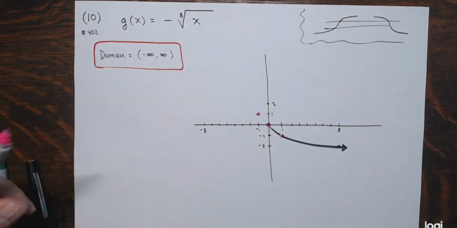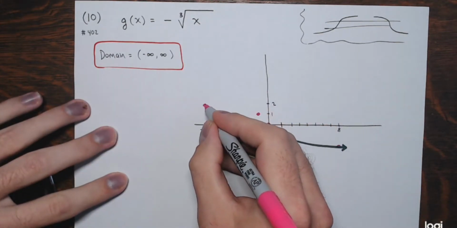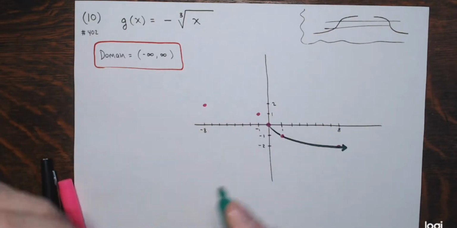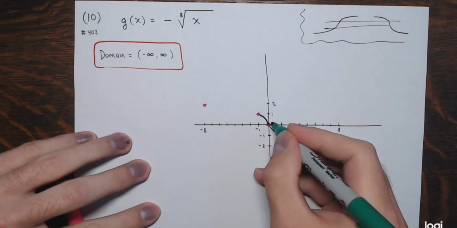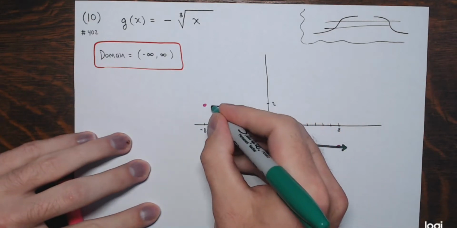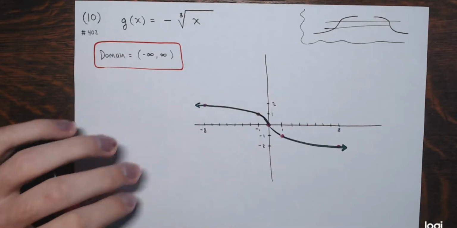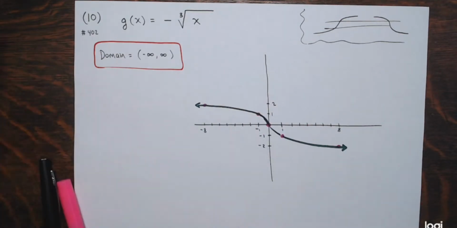So input negative 8, output positive 2. Starting from the origin, if I go to the left, it's going up forever, but just very slowly. So going up forever that way, down forever that way.